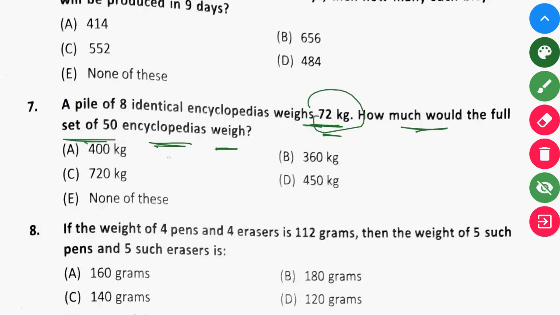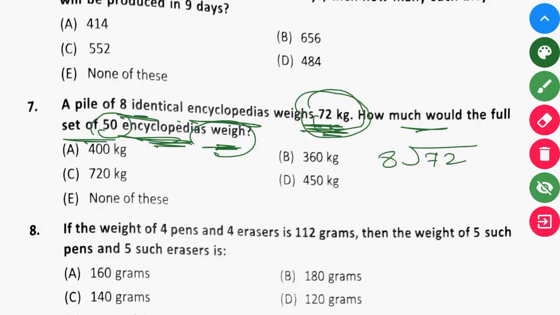Now see, the weight of 8 identical encyclopedias is given to us, that is 72 kg, and we have to find the weight of 50 such encyclopedias. So first we will find one pile's weight. So we have to do division here. 72 divided by 8, 8 9s are 72. So a pile weighs 9 kg.